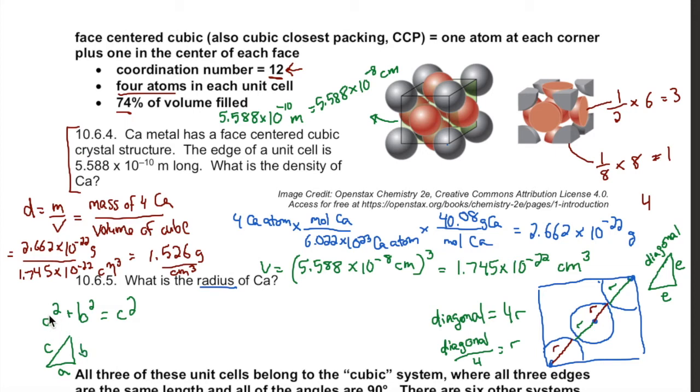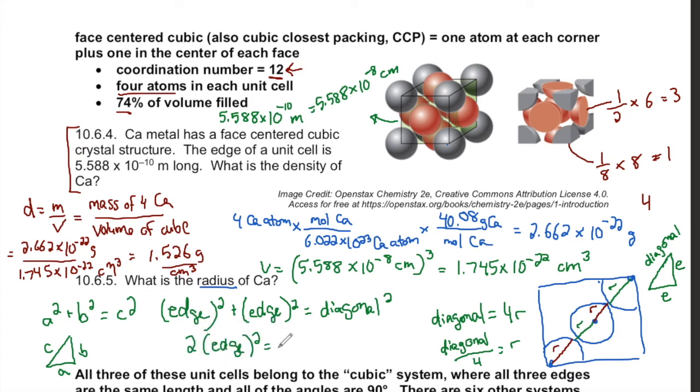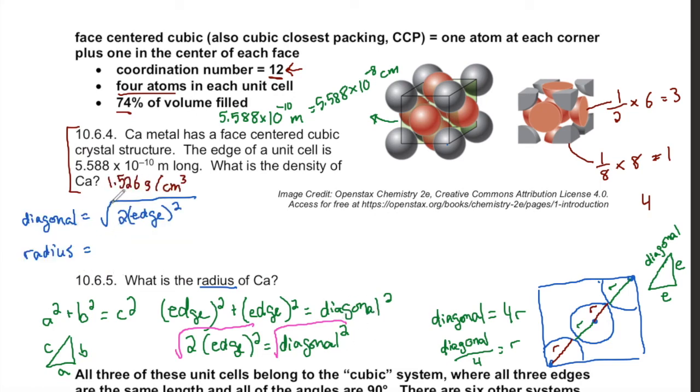In this case, A is the edge length and B is the edge length. So we get edge squared plus edge squared is the diagonal squared. And so since we're adding the edge twice, 2 times the edge squared equals the diagonal squared. Then we can take the square root of both sides and get what the actual diagonal length is. So we've come up with the diagonal being the square root of 2 times the edge length squared.